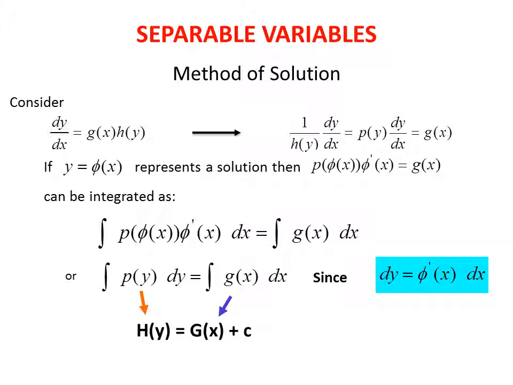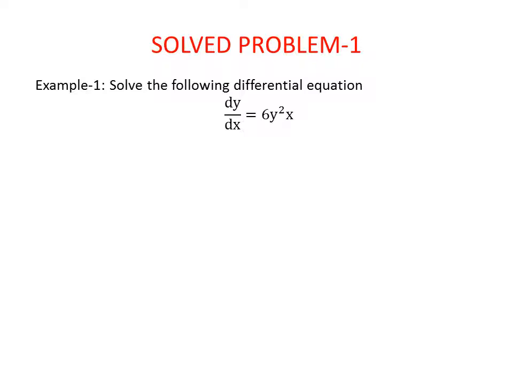Now let us solve example 1. Example number 1 says: solve the following differential equation dy by dx is equal to 6y square times x. This is a first order differential equation because it is dy by dx.